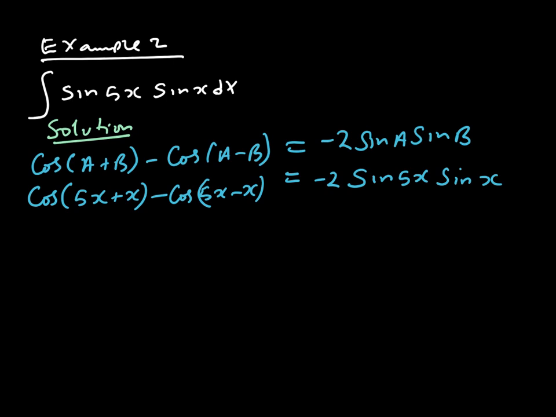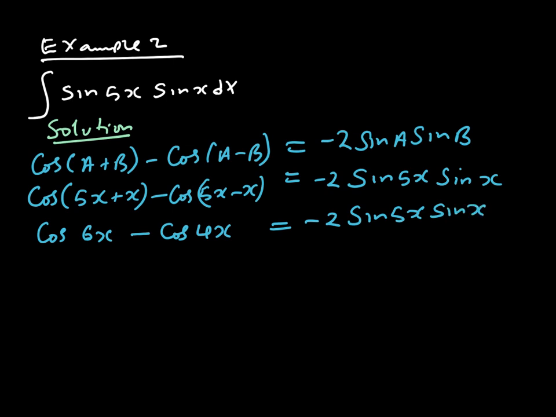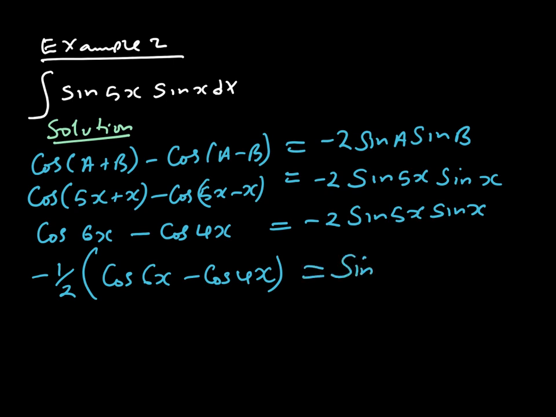So what do we get? The cosine of 6x minus cosine of 4x gives us negative 2 sine 5x sine x. So we are trying to create the equation to trace where the expansion came from. Now the next thing to do is divide through by negative 2, and you get negative a half of cosine of 6x minus cosine of 4x is equal to the sine of 5x sine of x.